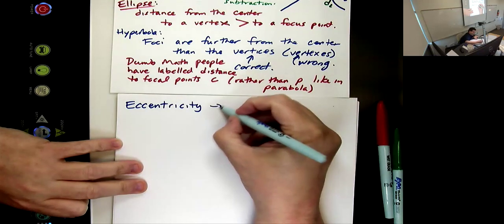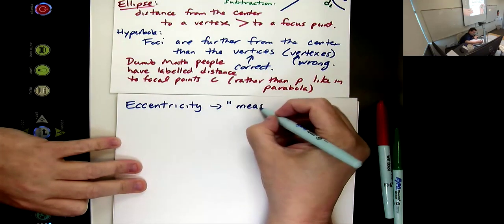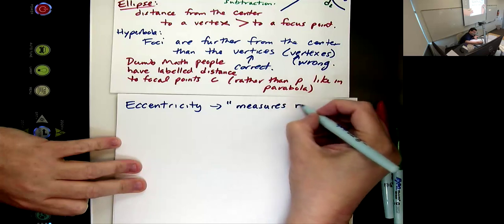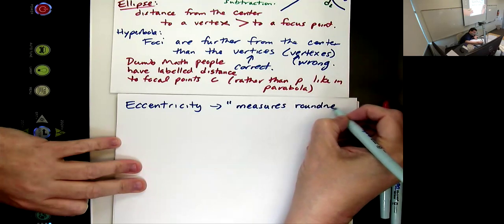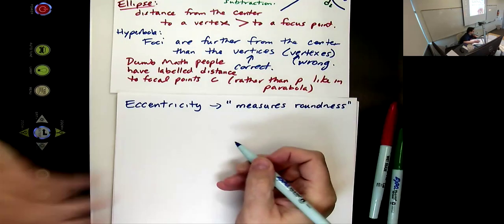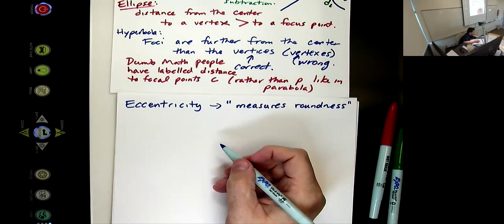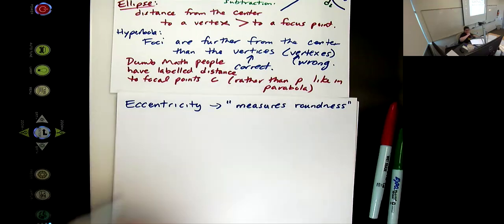As I told you before, it measures roundness. C is the distance to the focal points from the center, center to focus.